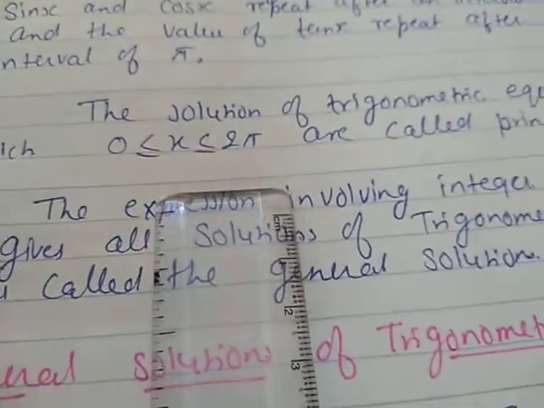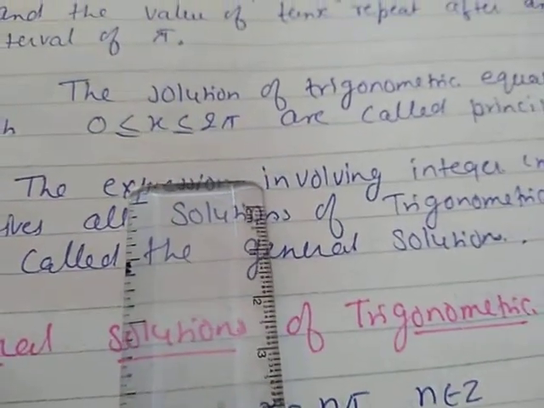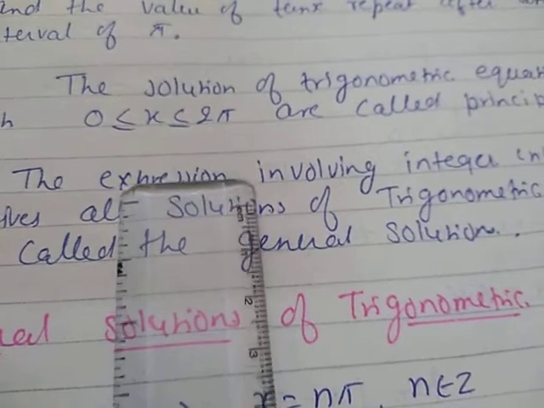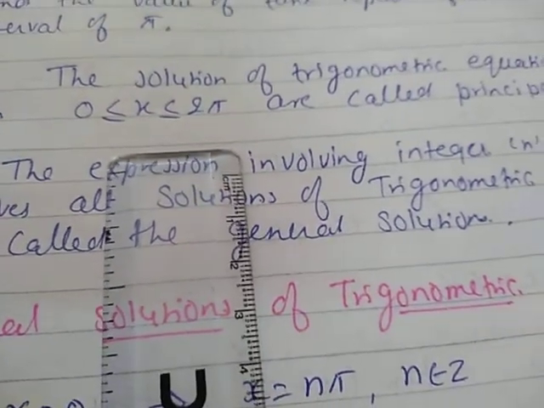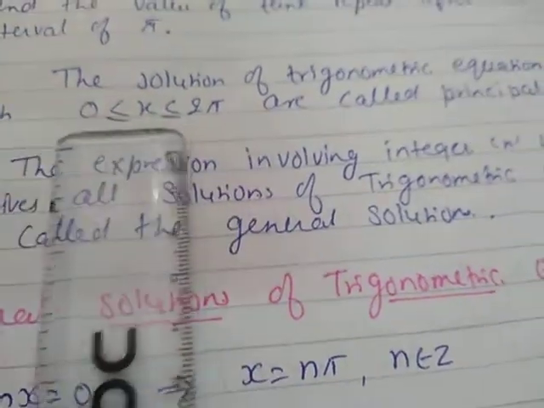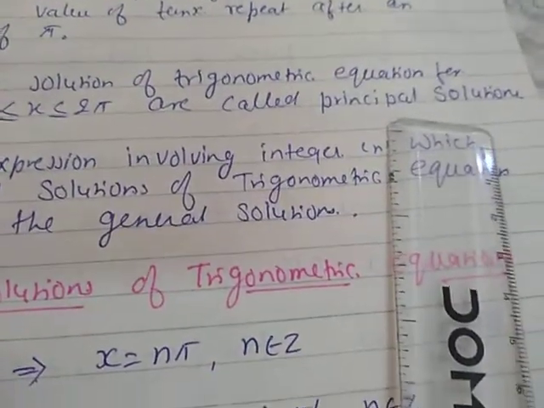Four quadrants: 0 to pi by 2, first; pi by 2 to pi, second; pi to 3 pi by 2, third; and 3 pi by 2 to 2 pi, fourth. Therefore, solutions in 0 to 2 pi are called principal solutions.